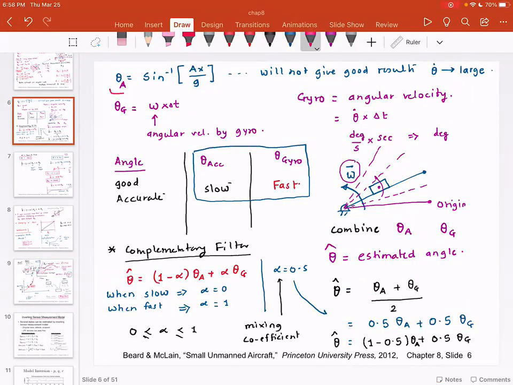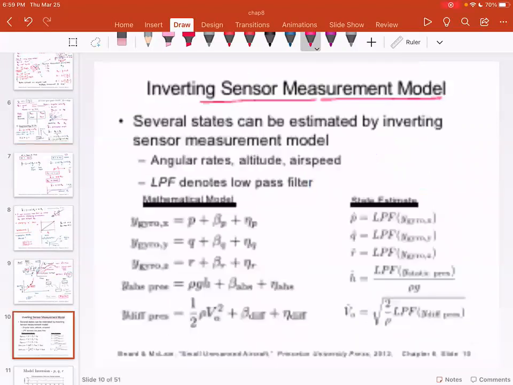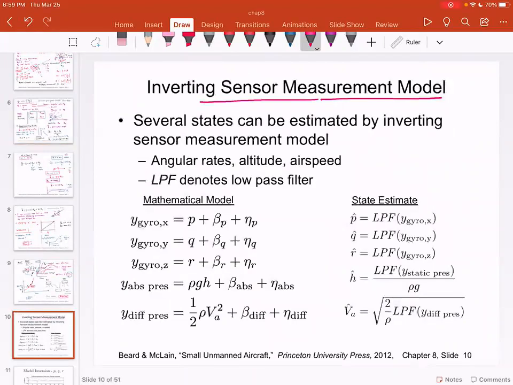Can you see in here, we actually inverted the sensor measurement. So we inverted this sine function, that is nothing but inverting the sensor model. So how is it done?